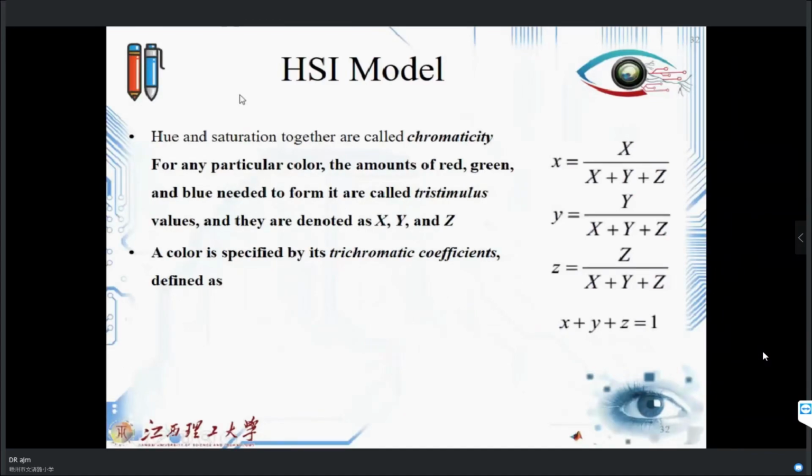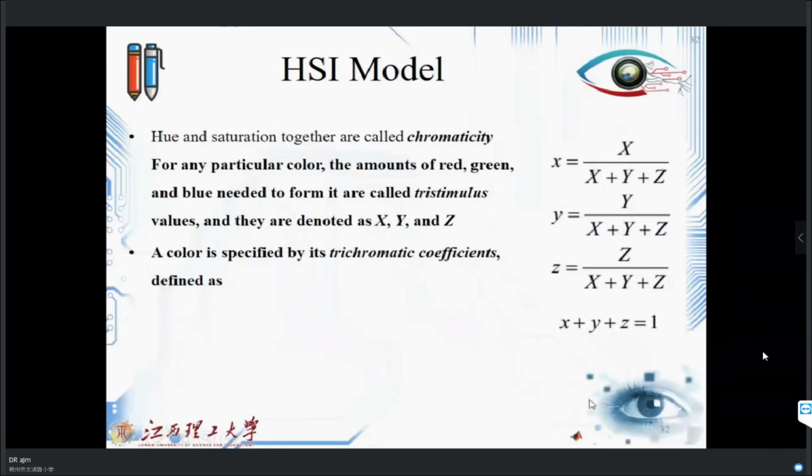Then hue and saturation together are chromaticity, and for any particular color, the amount of red, green, and blue needed to form it, we can call it tristimulus, and they can be denoted as X, Y, and Z. What will be changed here?